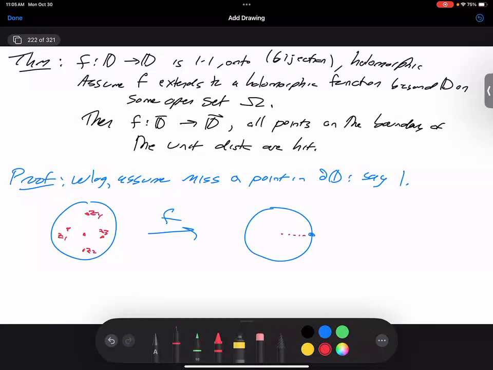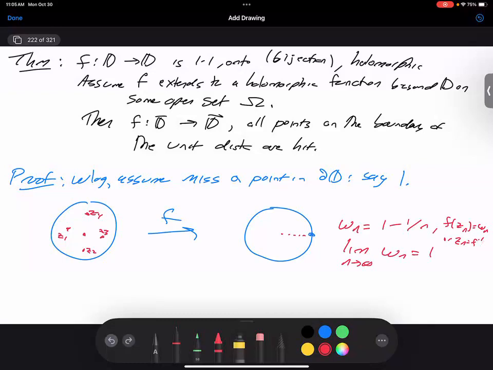Anybody want to give me a specific choice for the points over here? What should the nth point be? So yeah, 1 minus 1 over n. So maybe Wn is 1 minus 1 over n. That's going to give me a sequence of points, so the limit as n goes to infinity of Wn equals 1. And we'll let F of Zn equal Wn, or Zn equals F inverse of Wn.